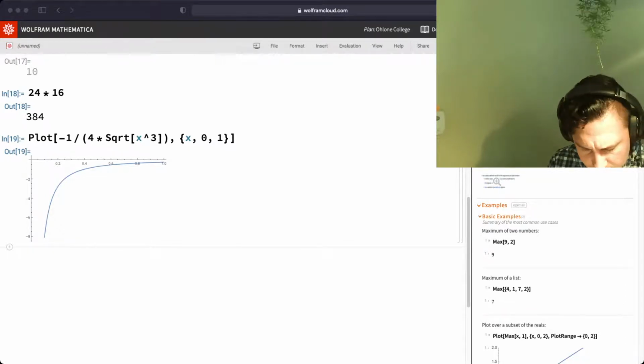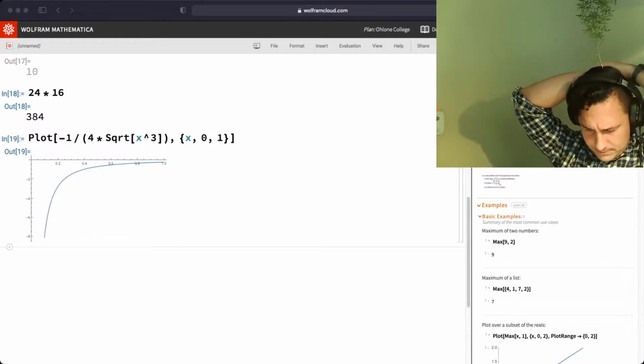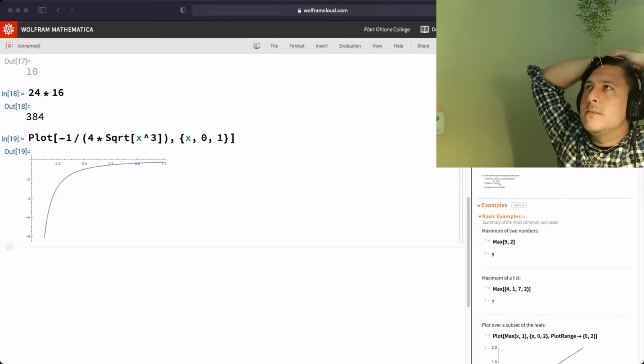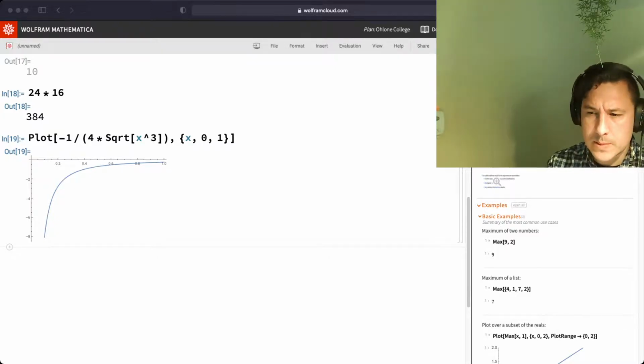If M is the maximum value of that... It's not working, because this doesn't have a maximum.